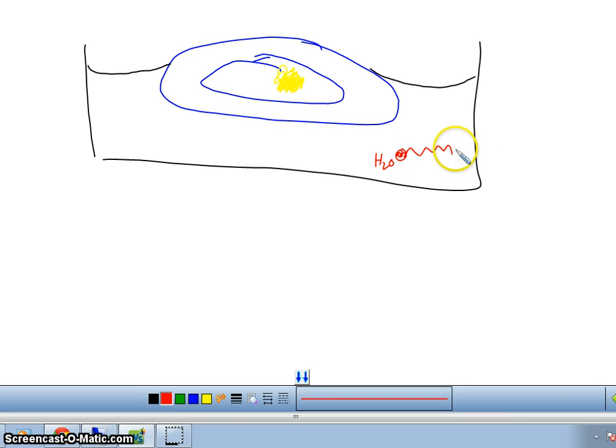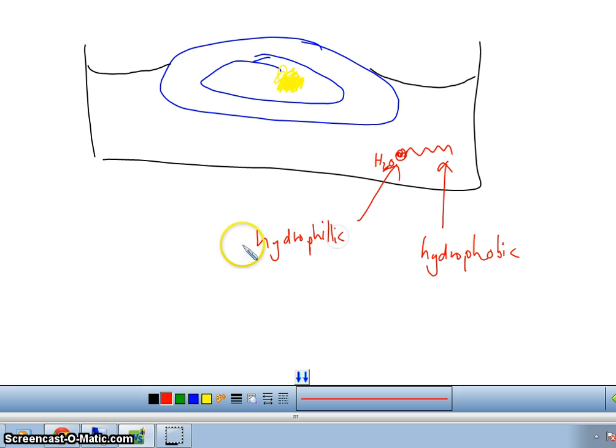This is hydrophobic. I forgot to tell you those cool words. Hydrophobic. And this end is hydrophilic. Philic meaning it loves it, phobic meaning it hates it. If you have a phobia, you don't like things.